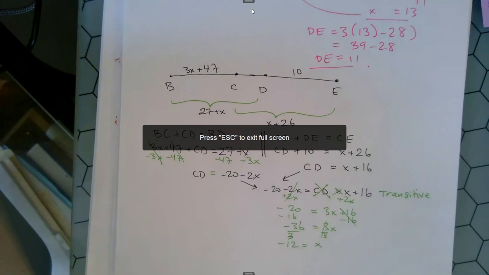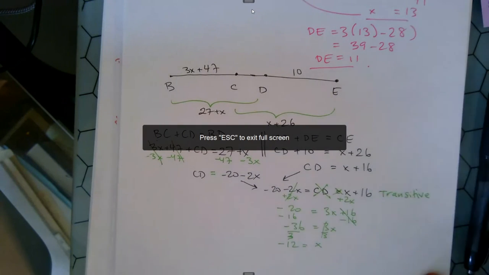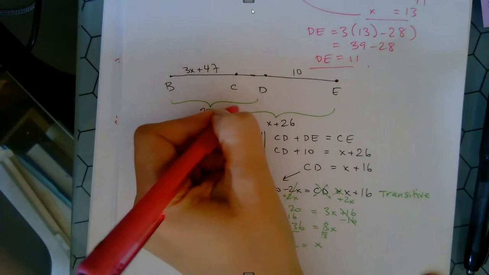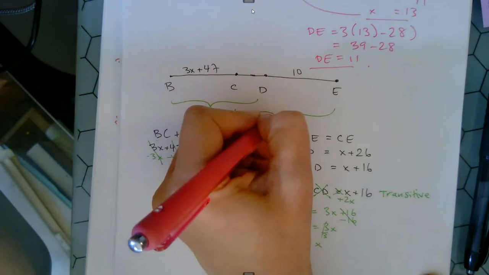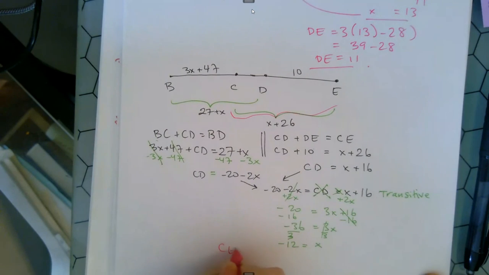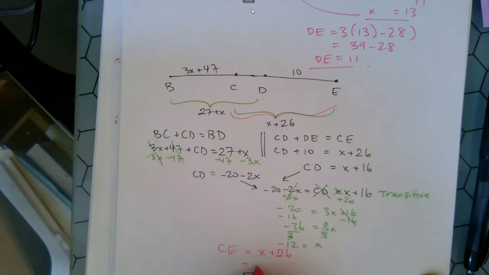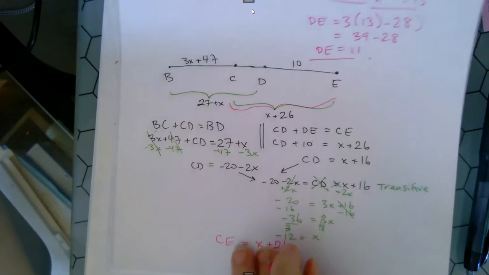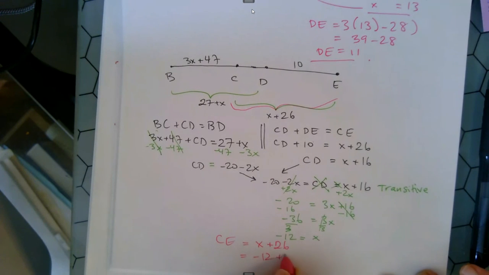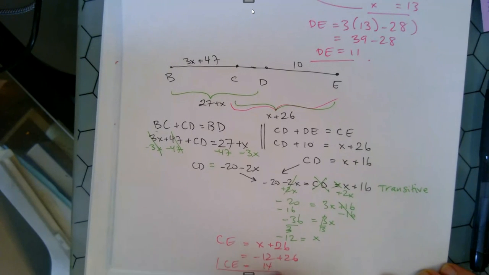So I think that's where some of you went wrong. So to find CE, I've got this expression, x plus 26, and I'm going to substitute what I've got. I got a negative 12 plus 26, which is a 14. And that would be the answer that would work out here.